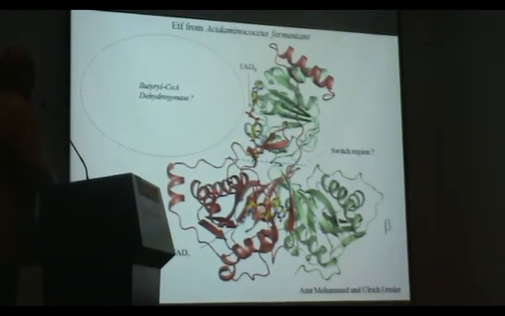We have the gamma subunit in brown and the beta subunit in green. And there is the FAD, like in the human ETF, but instead of AMP, exactly at the same position, there is another FAD.